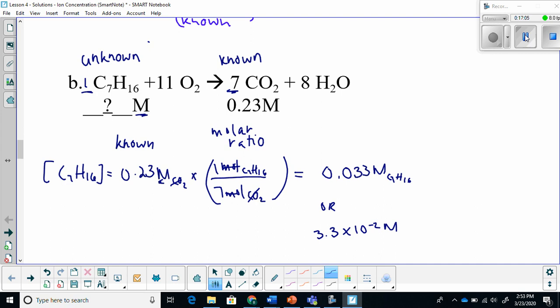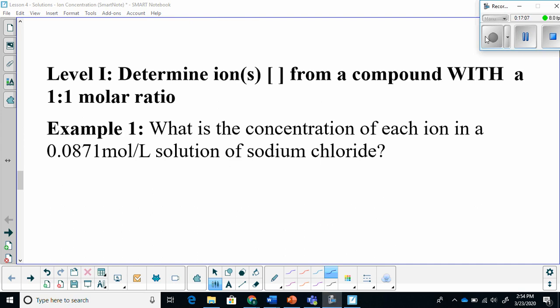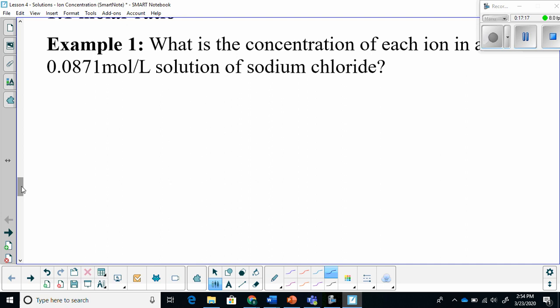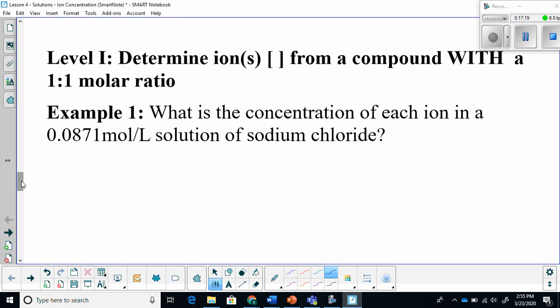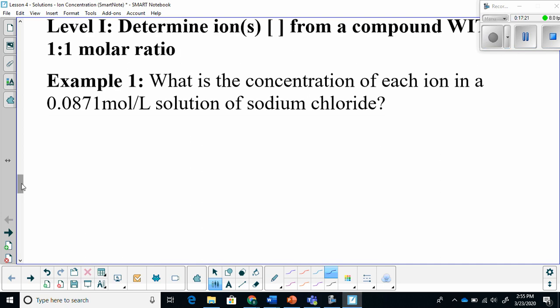Okay, so let's go through an example here. We're going to start off slow. The process of doing these problems is going to be the same. The first thing that you're always going to do when you come across an ion concentration problem is write a balanced reaction.